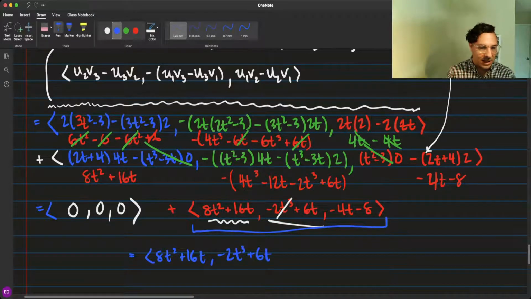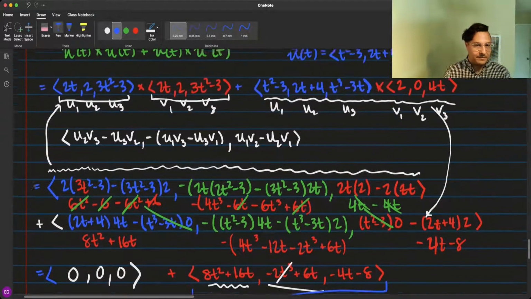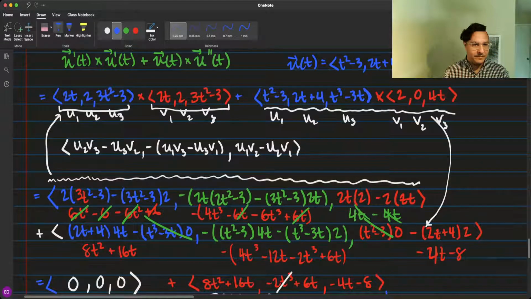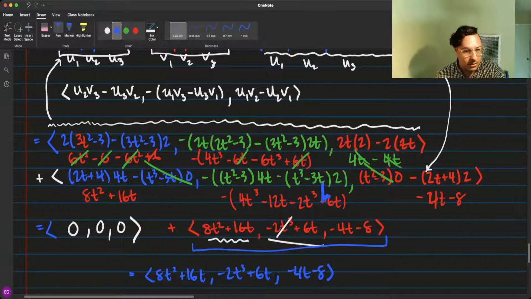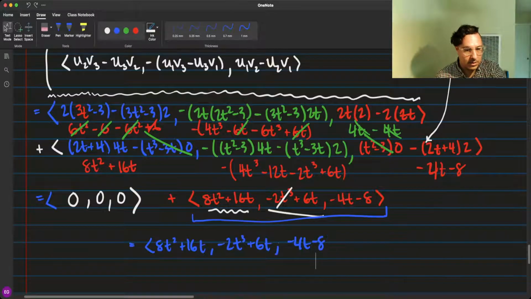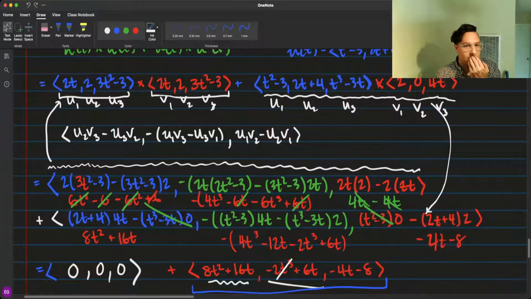But let's go check. Did I screw up the other calculation? Because that's a good question. Sorry. Okay, did I screw up anything on the other one?